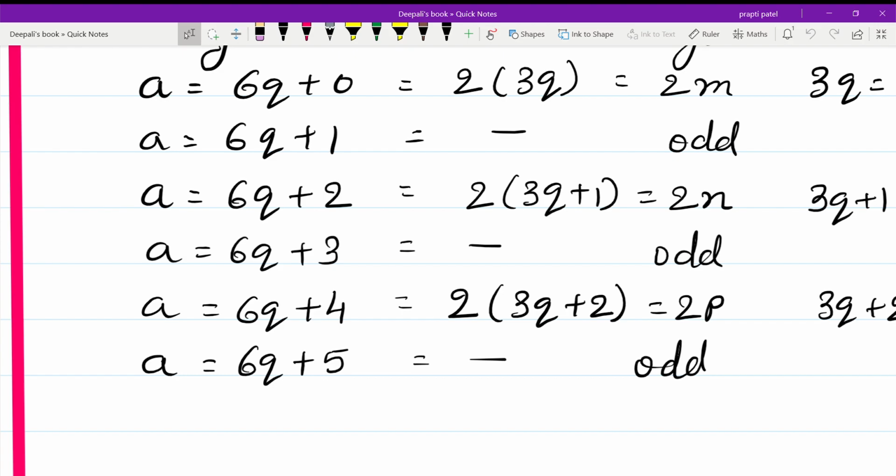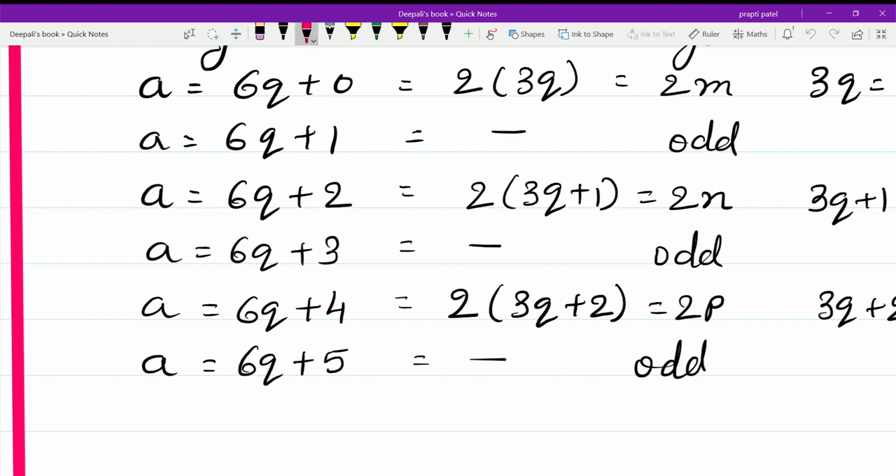Out of this, we can write 3 of them as a multiple of 2, that is 2 into 3q, that is 2m, then 2 into 3q plus 1 and 2 into 3q plus 2.